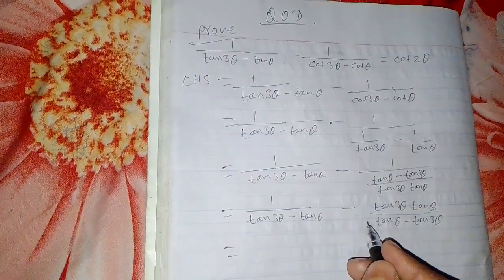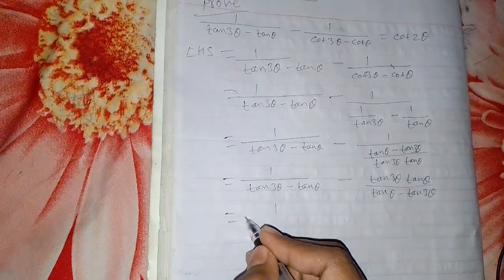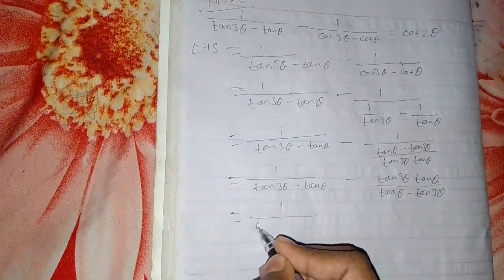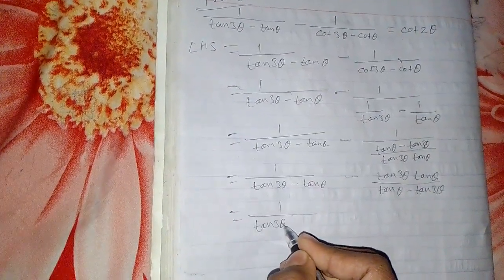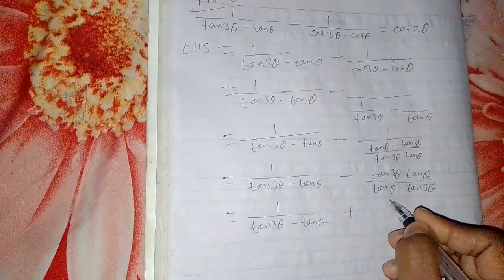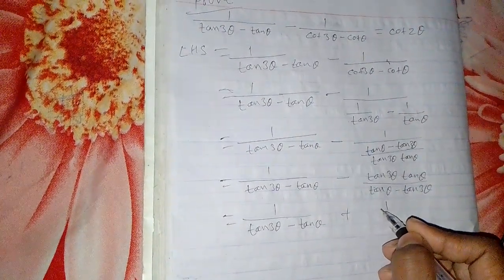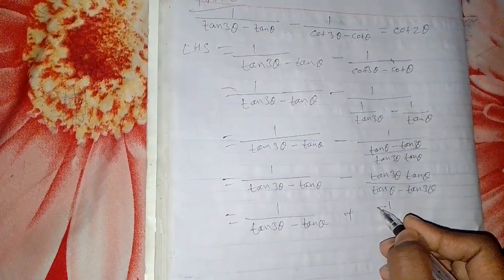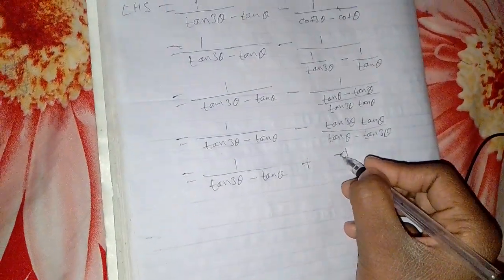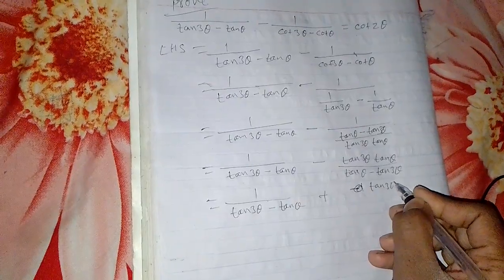And if you have minus common, this minus and minus will be plus, so we change into 1 over tan 3 theta minus tan theta plus tan 3 theta times tan theta over tan 3 theta minus tan theta.